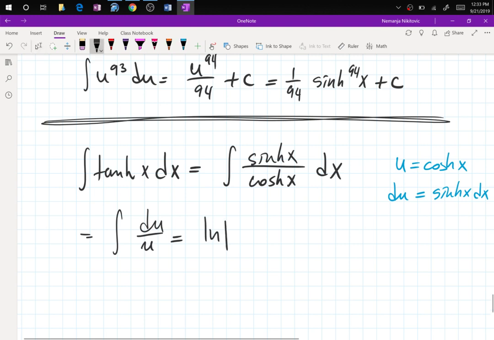So we have ln absolute u plus c, which is going to be the ln of the cosine hyperbolic x plus c. In the book, it doesn't even have the absolute value for cosine x.